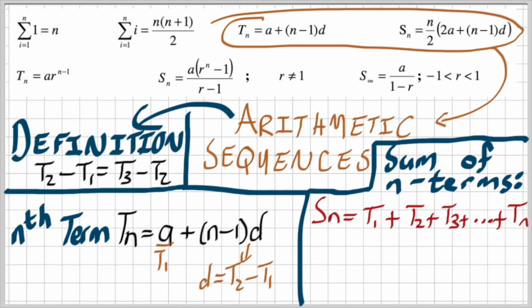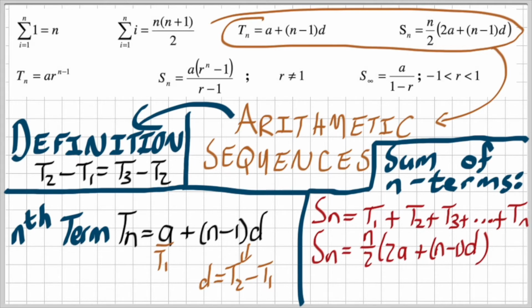Sn is T1 up to Tn added together. Be very, very careful of that. So Sn is n over 2 times (2a plus (n minus 1) times d). Same thing, a is term 1 and d is T2 minus T1.